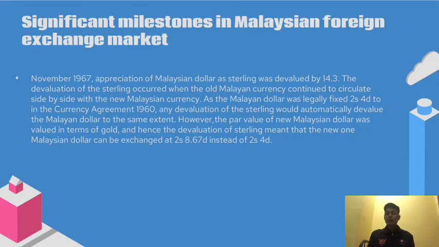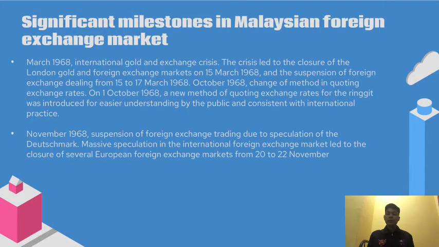Any devaluation of sterling will automatically devalue the Malayan dollar to the same extent. However, the par value of the new Malaysian dollar was valued in terms of gold, and hence the devaluation of sterling means that the new Malaysian dollar can be exchanged at 2s 8.67d instead of 2s 4d.